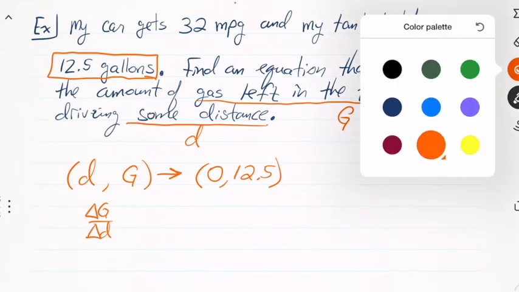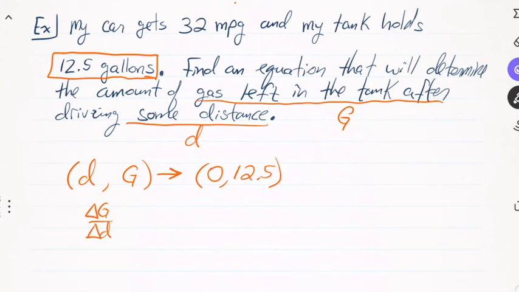Now my second coordinate I'm going to create by driving. You could do 1 mile, but my suggestion is, because the fuel economy is 32 miles per gallon, why not drive 32 miles and see what happens?